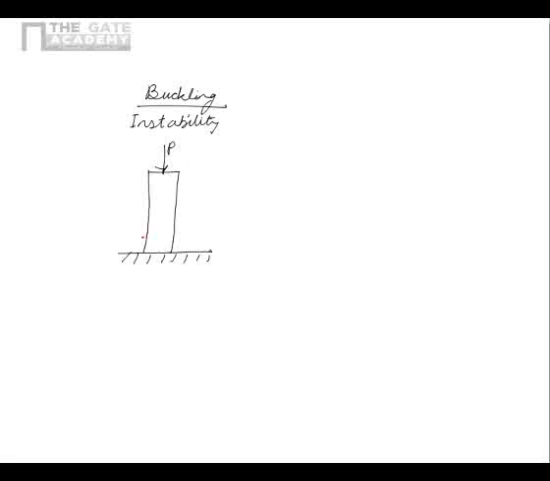So let's say that there is a long bar of length L, and let's say the width is B and the thickness is T. So the area of cross section is BT. Now in this case, if we ask what is the stress in the column due to P, the answer is quite obvious: the stress is P upon BT.